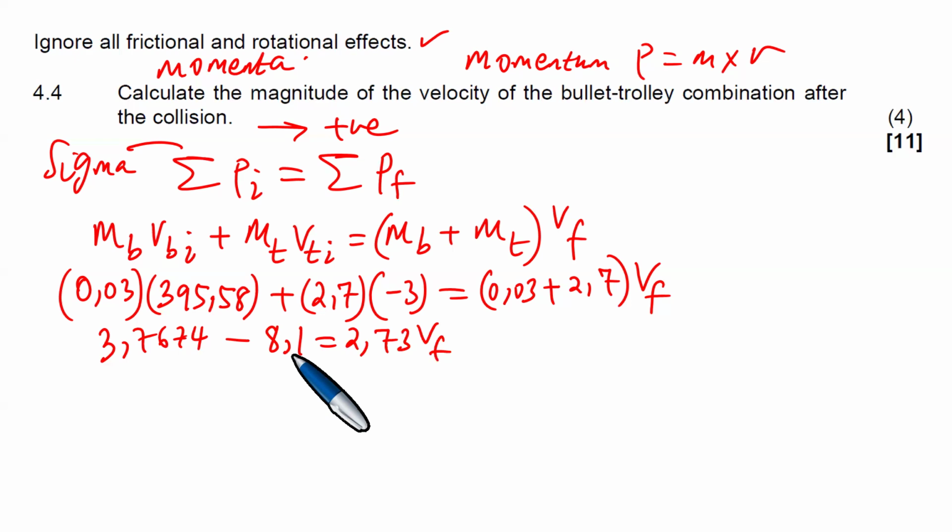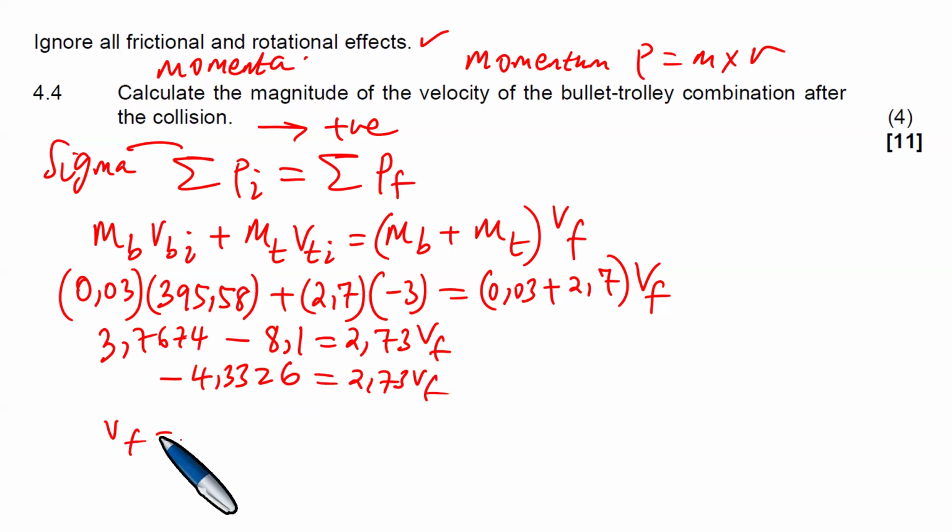I get negative 4.33. Negative 4.3326, then divided by 2.73.